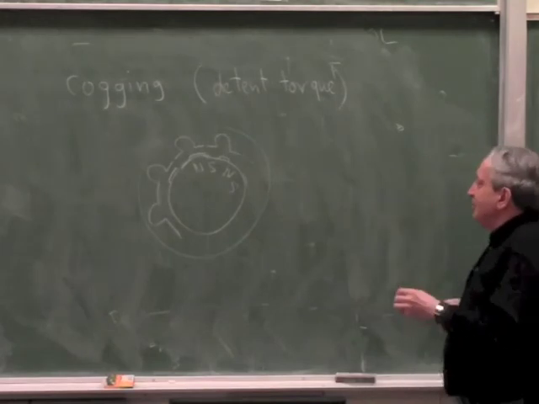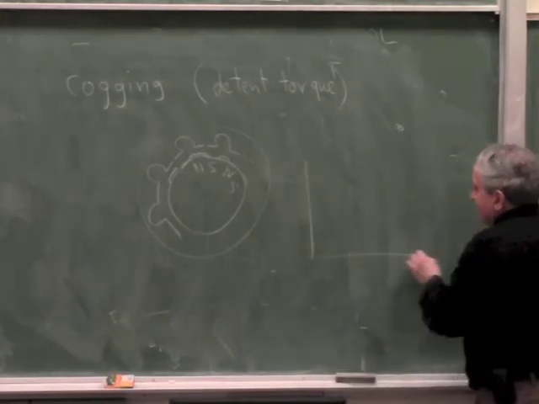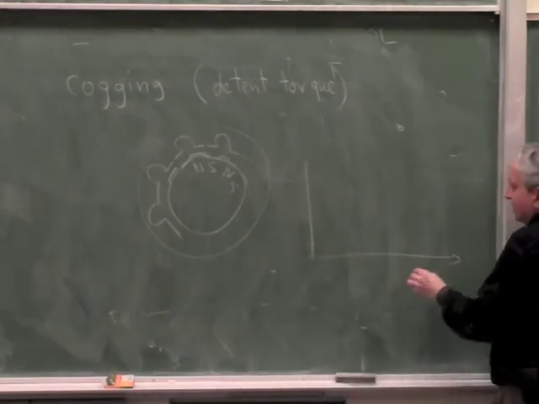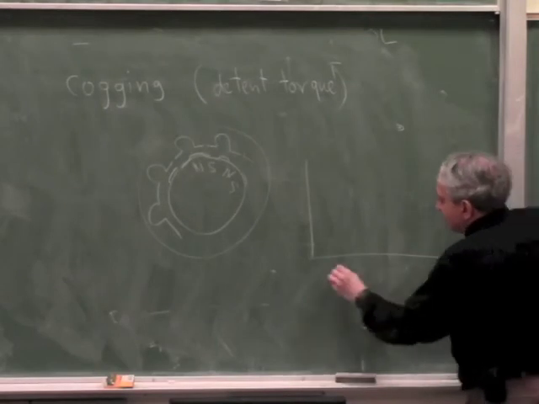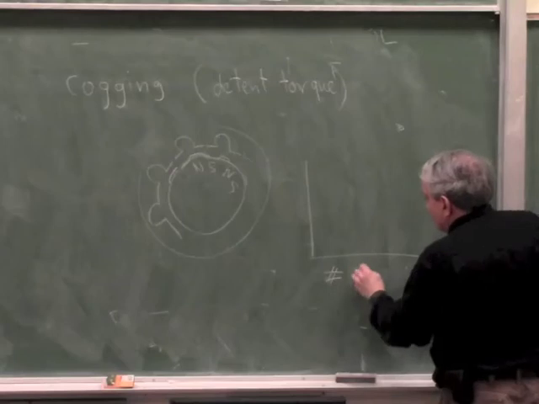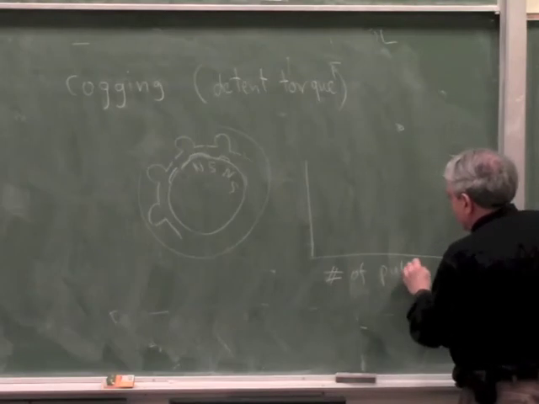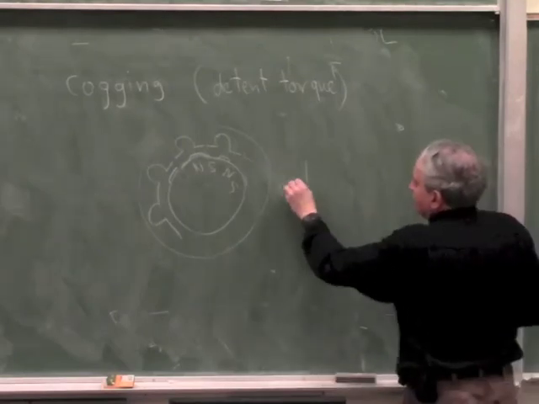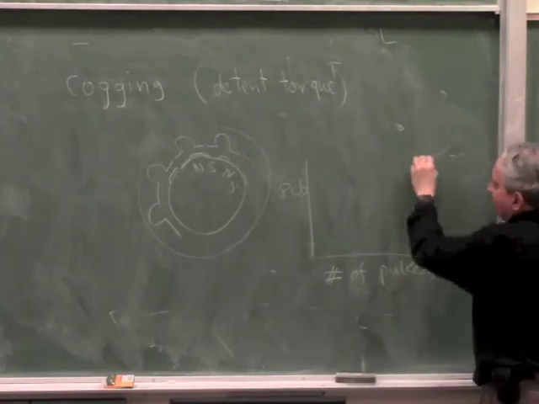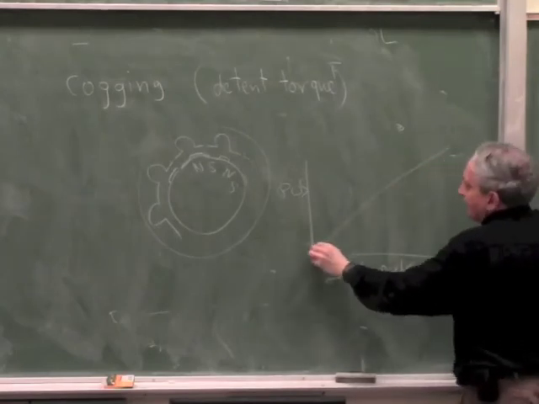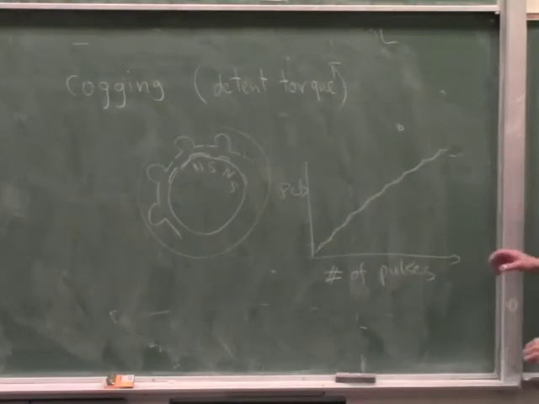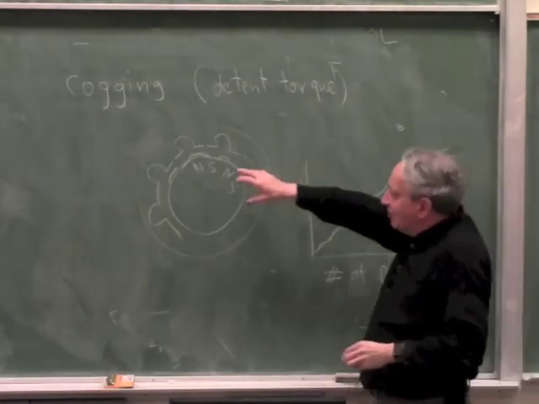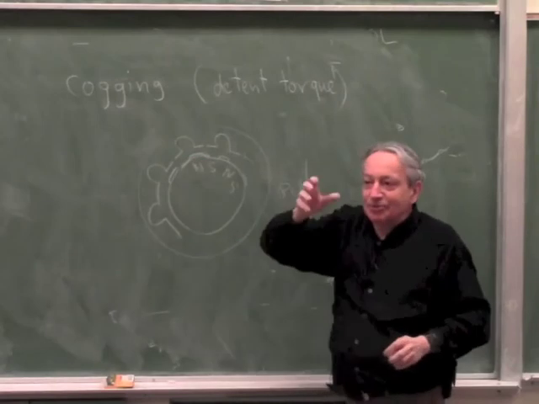So what it really means is that if you draw, say, this is number of pulses, and this is position, a stepper motor will not be exactly a straight line. It will actually have a tendency to do this because it will pull itself into its natural positions.